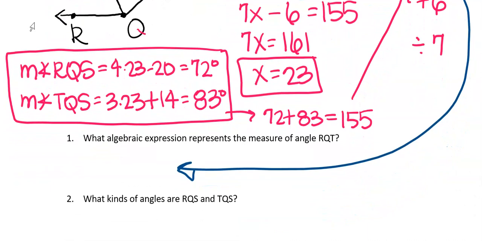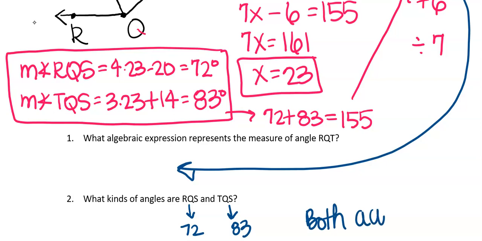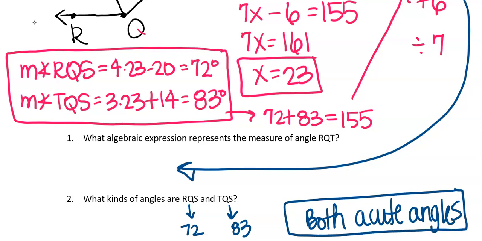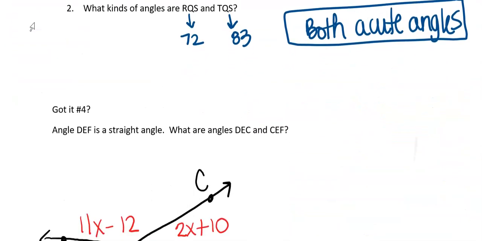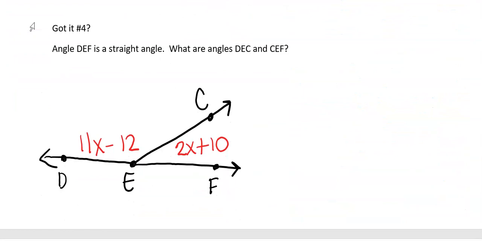Well, RQS is 72 and TQS is 83, so those are both acute angles, because their measures are less than 90. You can pause for a minute and try Got It question number 4 and come back and check yourself.